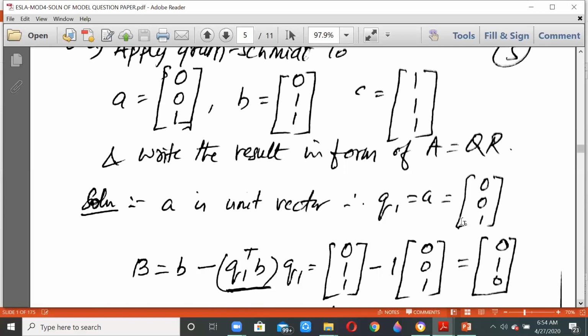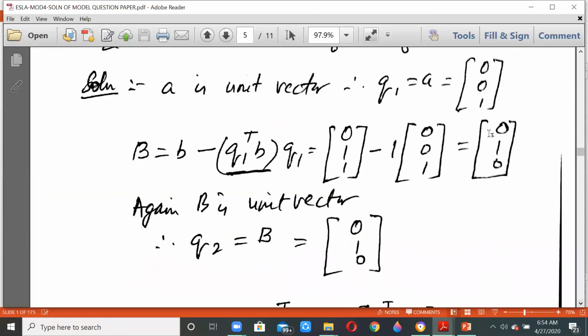So Q1 transpose is this transpose multiplied by the value of b, this one. So 0 into 0 plus 0 into 1 plus 1 into 1 will give us 1. Q1 will be as it is, same thing. So if you subtract, you'll get it as 0, 1, 0.